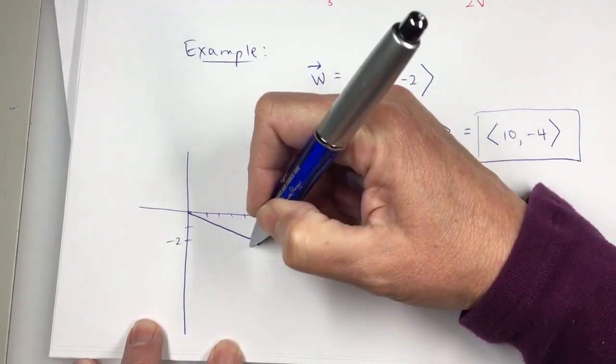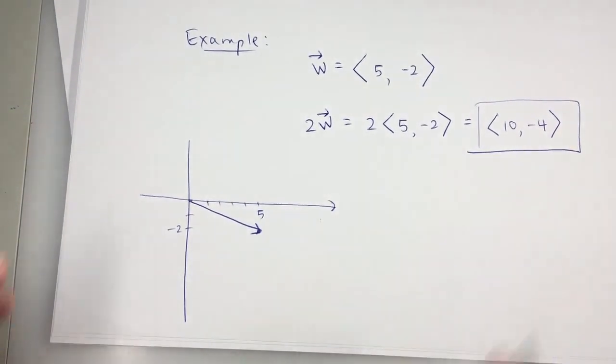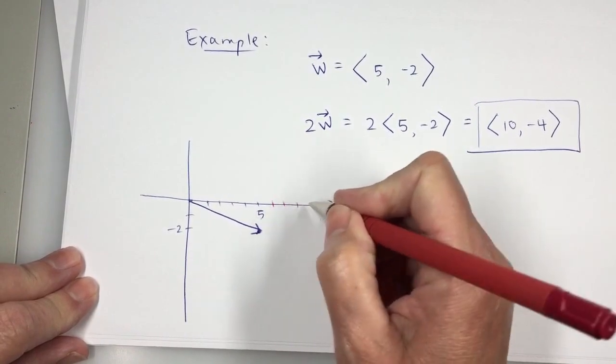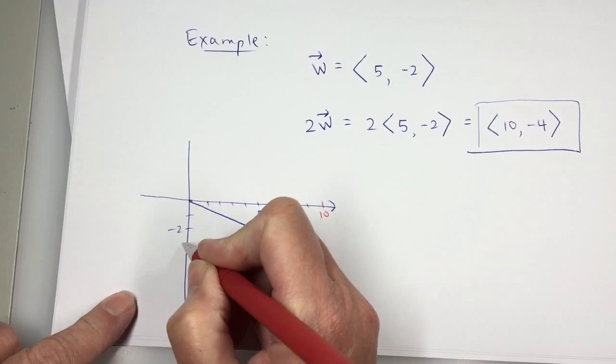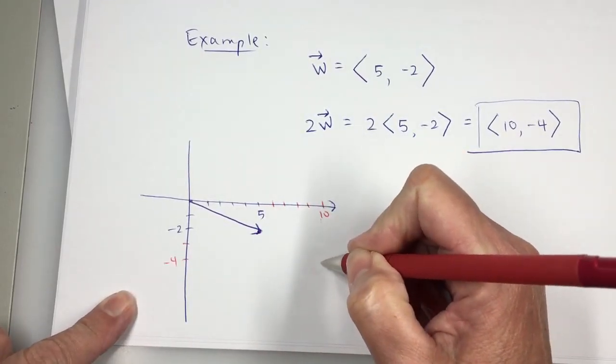Here's vector W, and when I multiplied by 2, I got 10, negative 4. Let's go out to there, 6, 7, 8, 9, 10. Negative 4 would be this point.